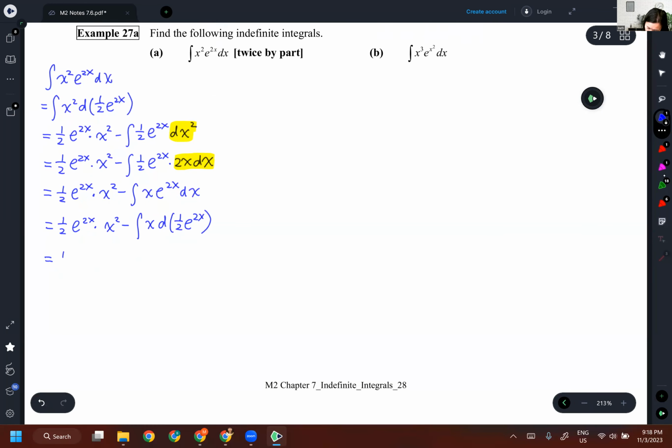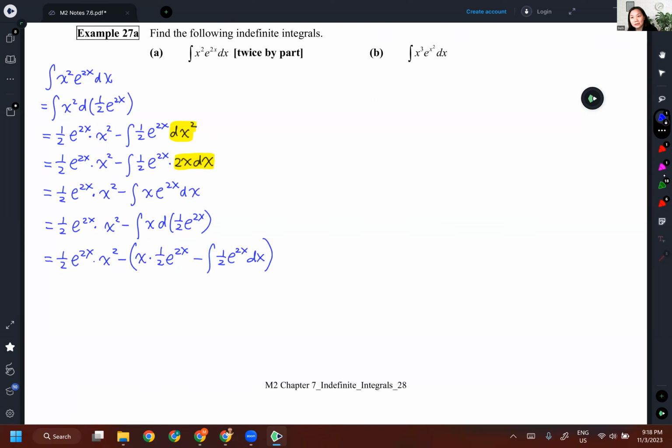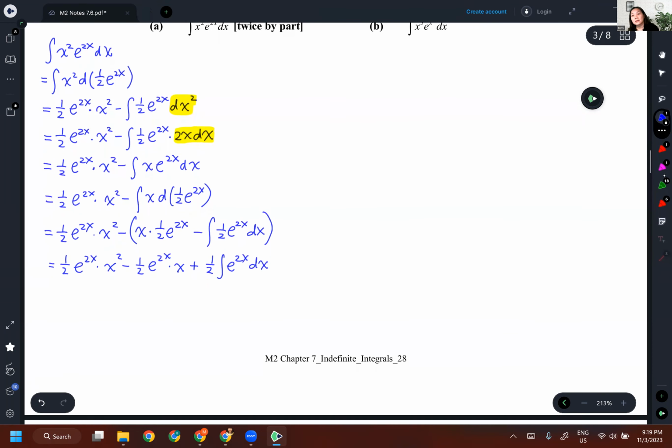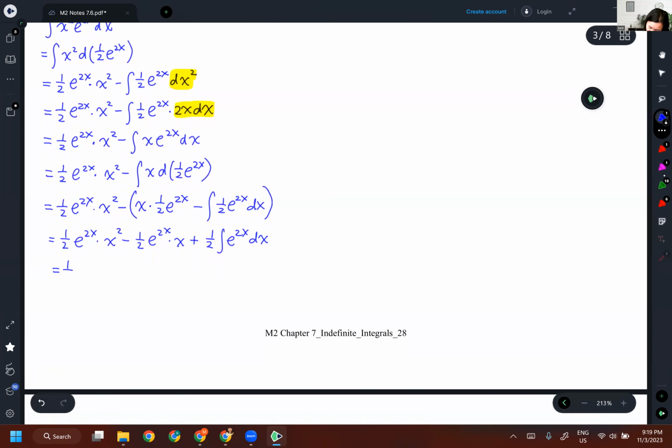And usually I put a bracket, and then in the next step I will remove the bracket. This one. And then the final answer.